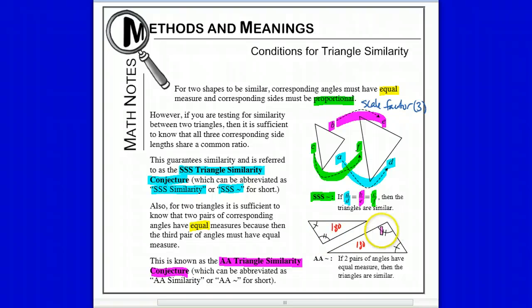They're saying that these two are the same measure, whatever they are, and that these two are the same measure, whatever they are. So I could look at a picture just like this, with no numbers, just markings, and say, those two triangles are similar because of angle-angle similarity symbol.